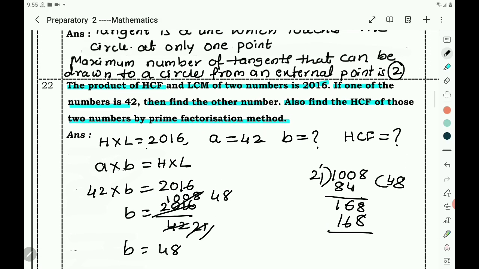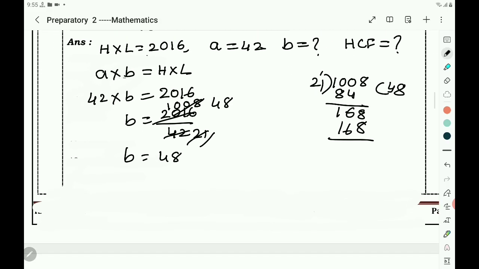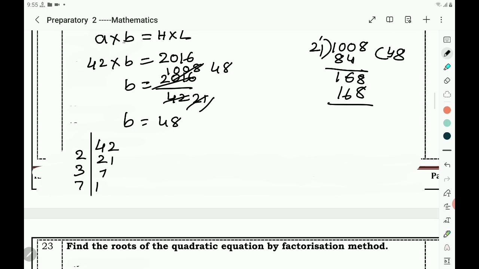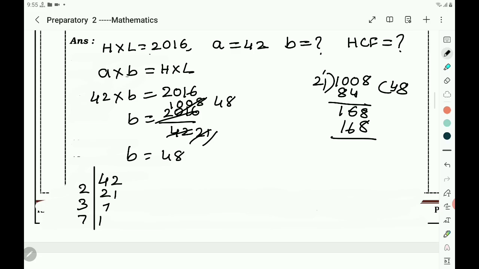Next what you have to find out? We have to find HCF of 42 and 48. Here two numbers are 42 and 48. Then you take 42 and factorize it. 2 21s, 3 7s, 7 1s. You got 42 is equals to 2 into 3 into 7.